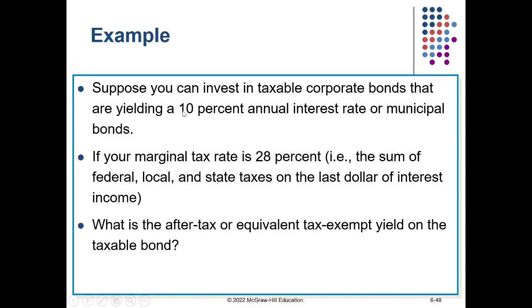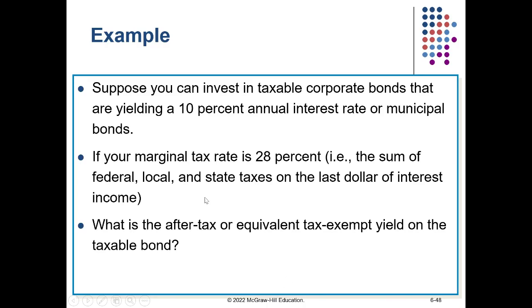You have two options. You can either invest in this before-tax, taxable corporate bond, which gives you 10% yield, or a municipal bond. You don't have to pay taxes on the municipal bond, so you can earn a lower yield, but because you pay less tax, you don't need the same level of rate of return to have the same after-tax yield.